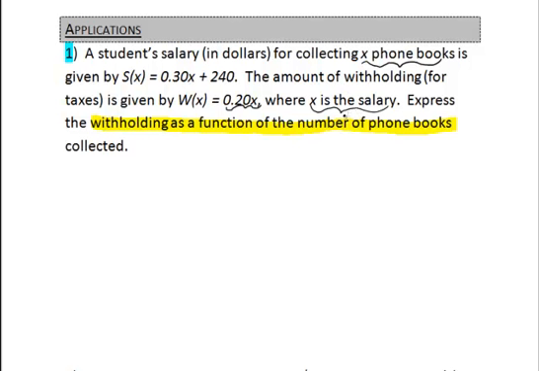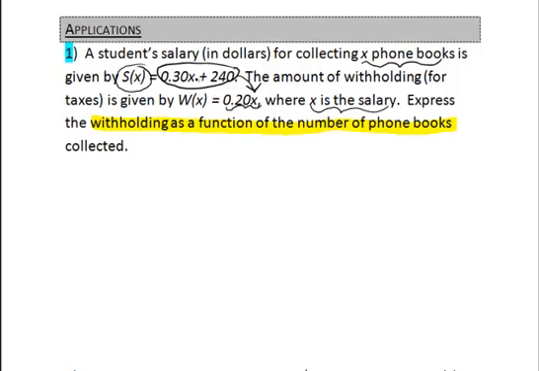So normally, wouldn't you take your salary and multiply it by your percentage to find out the withholding you have to pay? So that means you would take all of this. That represents the number of phone books, right? That also represents the salary, and you would put it right there because it said x is the salary.